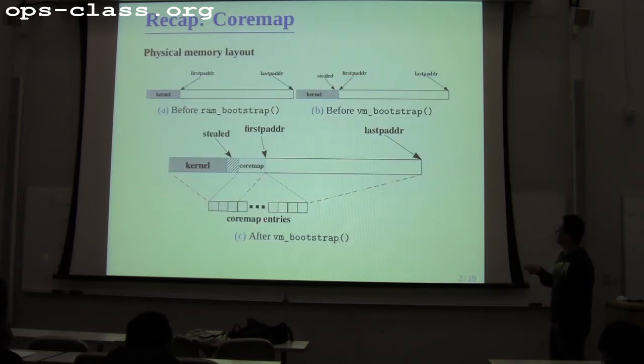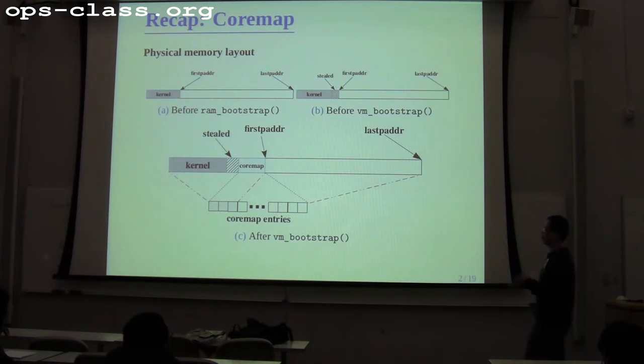So physical address divided by page size is the index into the coremap entries, right? On the other hand, suppose you have an index, you can just multiply that index by page size to get the physical address, right? So it's all starting from 0. There will be no initial offset. That's one way to decide the mapping between the physical page and the coremap.